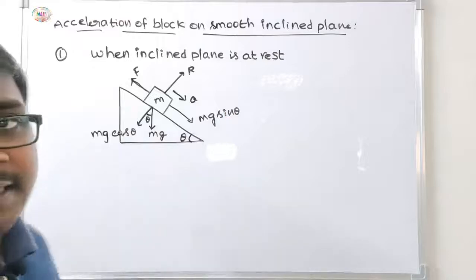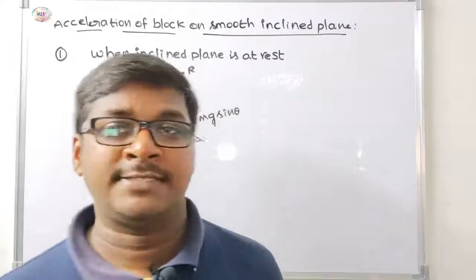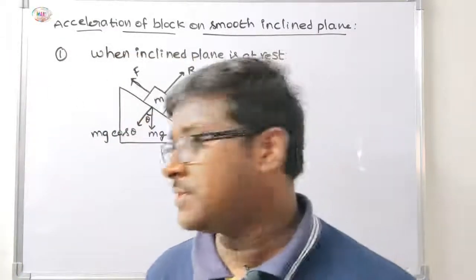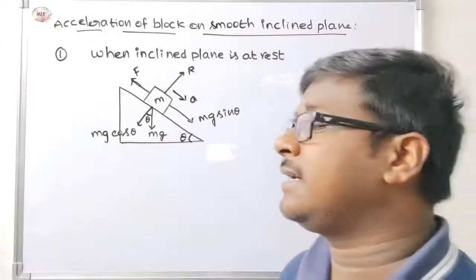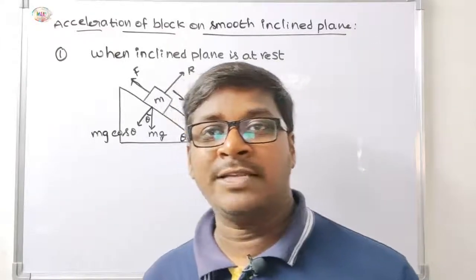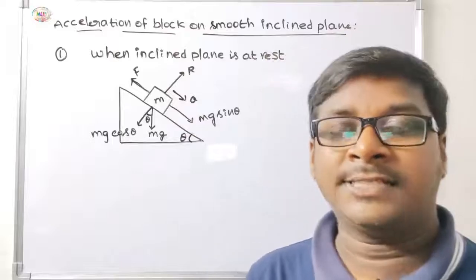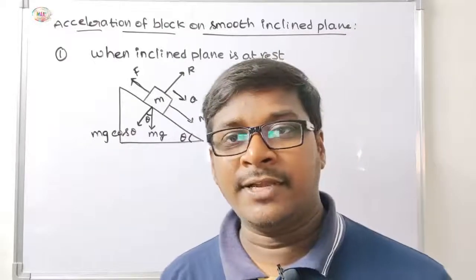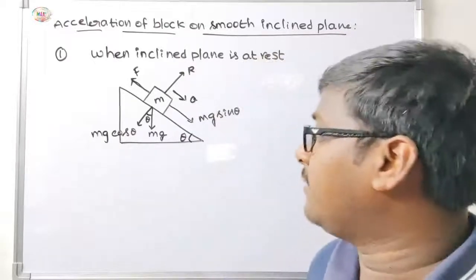The weight making an angle theta is resolved into two components, as already discussed in the previous sessions. The first is the horizontal component, cos theta, and the vertical component is sin theta.